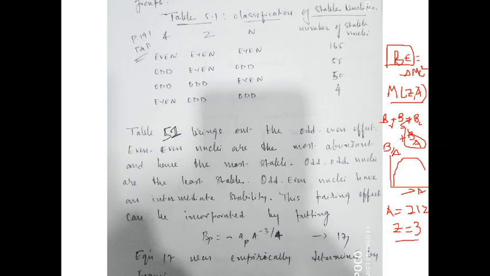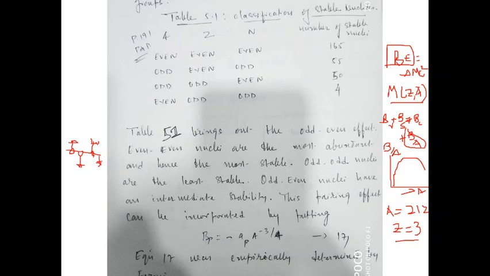So something was missing. Then it was realized that we had to deviate from the liquid drop model and go to the quantization of levels. Quantization of levels, as I had explained earlier, means that in each level you can have one proton with spin up, another proton with spin down. Similarly, you can have one neutron with spin up and one with spin down. Like that, we had tried to fill that.